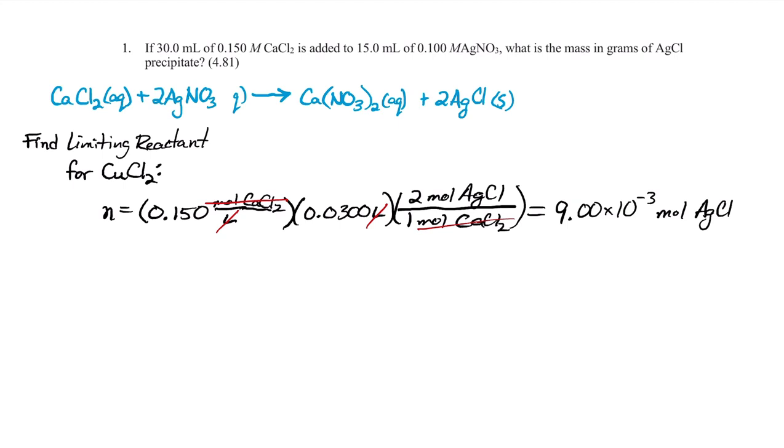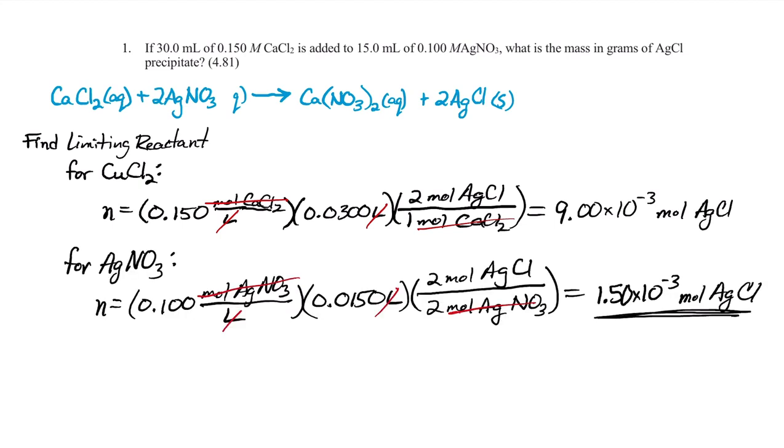You'll note we changed milliliters to liters. And rather than solving the problem for the number of moles of calcium chloride, I introduce a stoichiometry ratio, 2 moles of silver chloride per 1 mole of calcium chloride. Canceling and solving, we have 9 times 10 to the minus 3 moles of silver chloride.